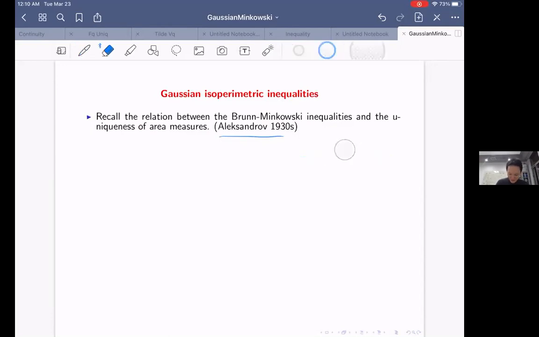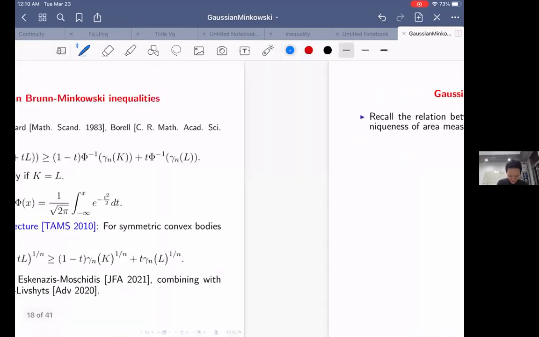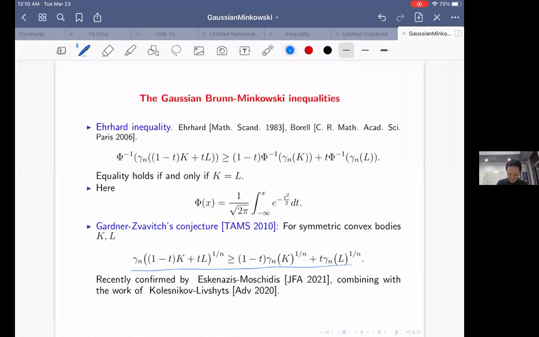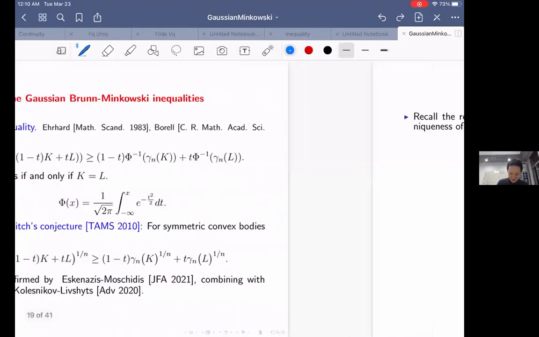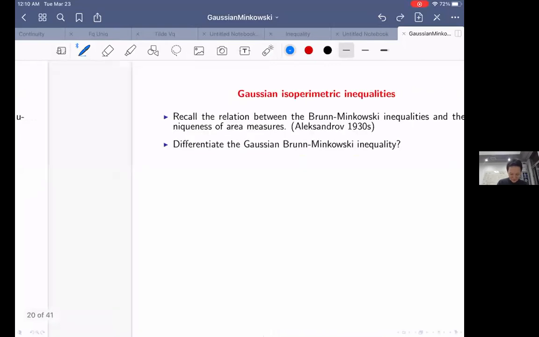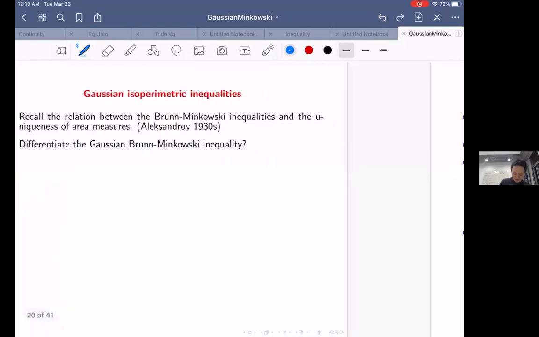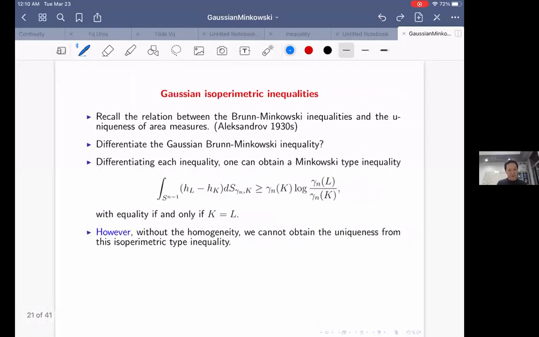So since they have proved this conjecture, it's very natural to consider whether we can differentiate the Gaussian Brunn-Minkowski inequality to get the uniqueness. And we tried differentiating the Gaussian Brunn-Minkowski inequality.